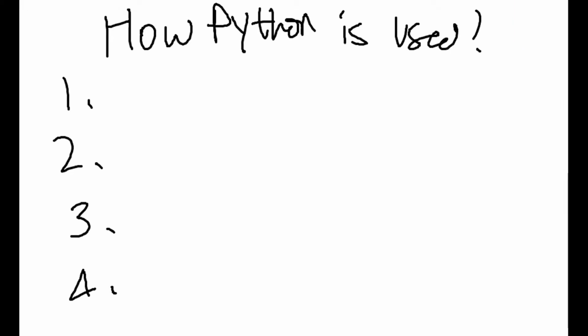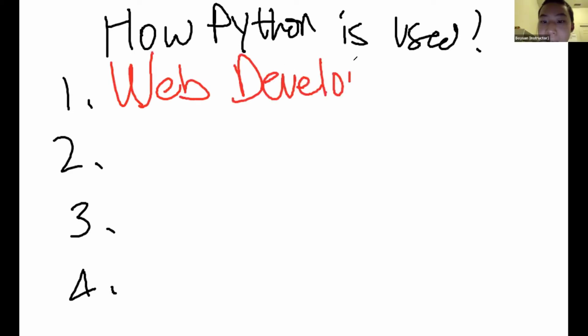IT is way too general. In fact, everything we do can consist of IT, information technology. Programming is not one. Samuel said website. Indeed, web development is one of them. Python can be used as the backend programming language.